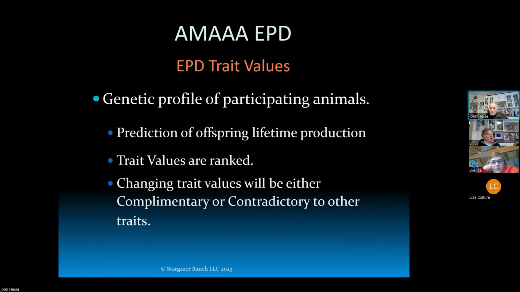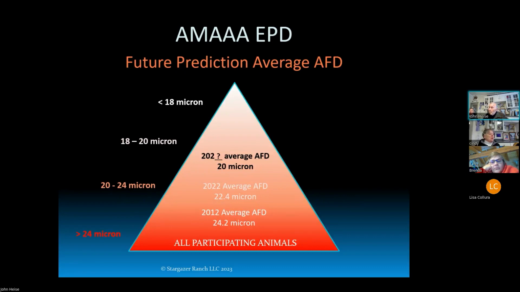So if we all have a similar goal that the sustainability of the industry is going to be finer, we're only dealing with half the animals in the United States that are going to be really providing that type of fiber for commercial use. Eventually we get to be more and more.